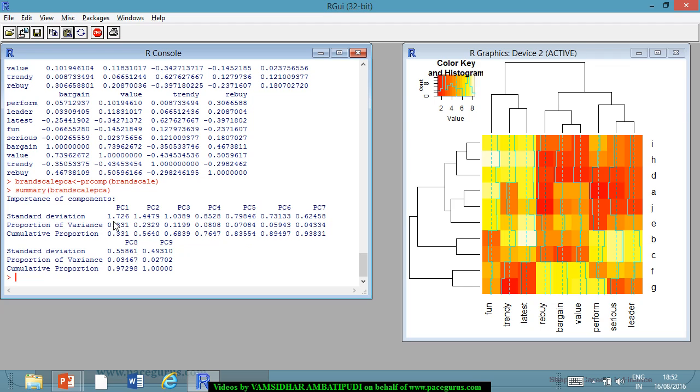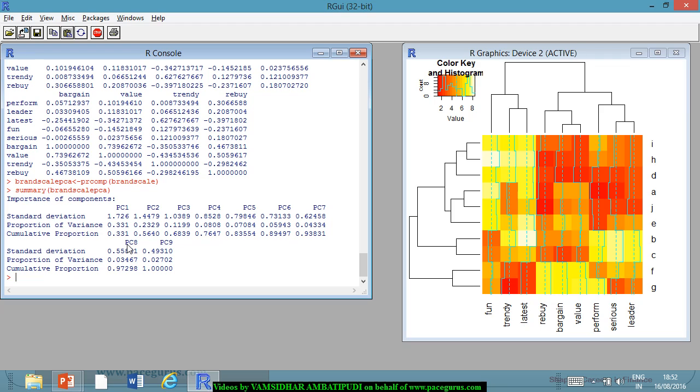So I could see that for PC1, the standard deviation is this much, proportion of variance, almost 33% variance is captured by the first component itself. So here we have got 9 components.